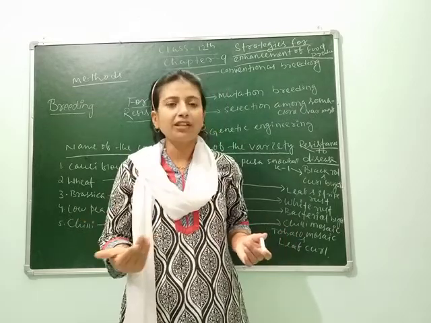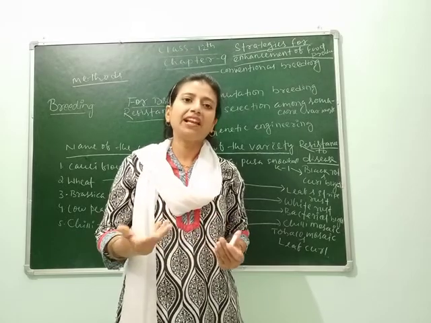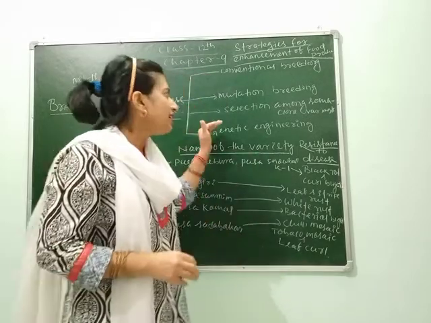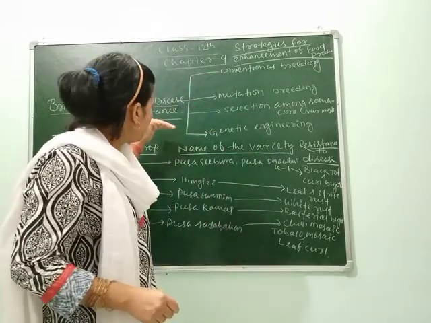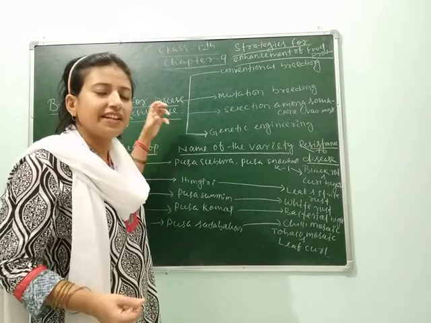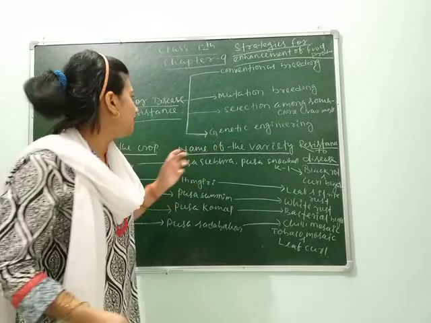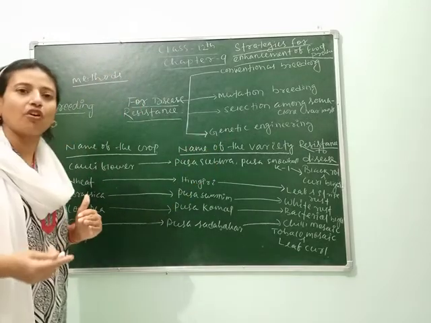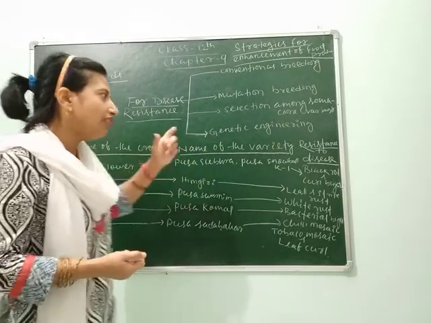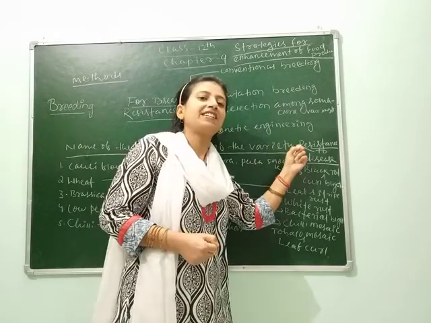If it will not affect the root, then the productivity will increase. Similarly, here are some crops which are developed having resistance to a particular disease. So let's see what these crops and their varieties are and to which disease they get resistance.